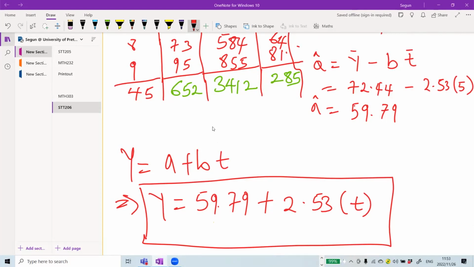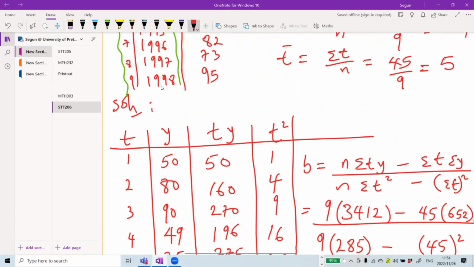Now let's go ahead and forecast for 2005. Now we stop at what year, please? 1998. So they now ask us to forecast for 2005. How many years do you add to 1998?